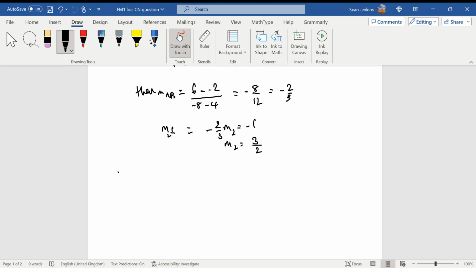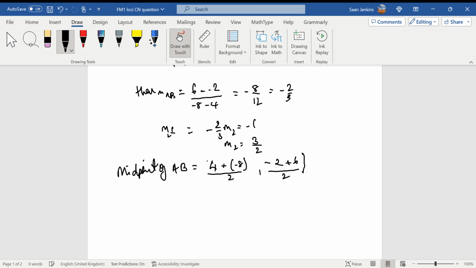So let's find the midpoint of AB, which is equal to 4 plus minus 8 over 2 for your x, and your y will be minus 2 plus 6 over 2.